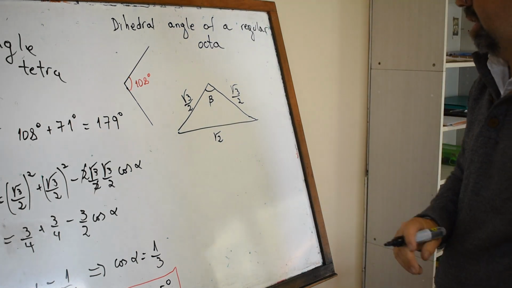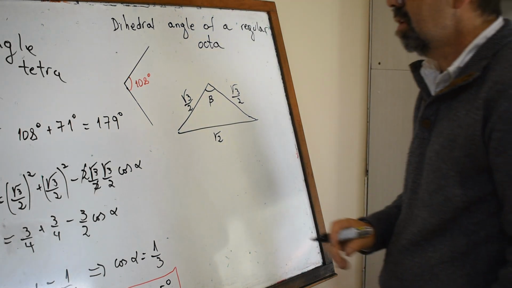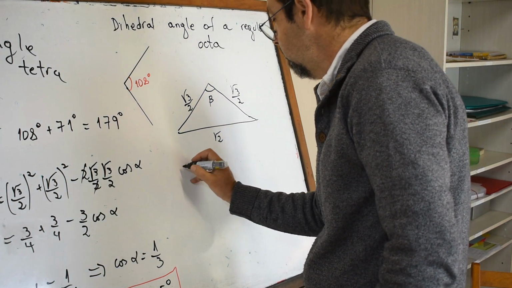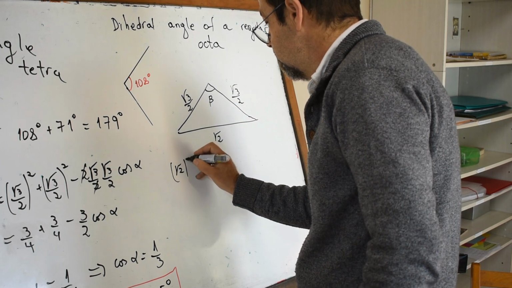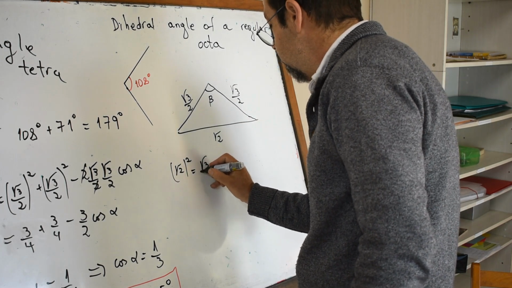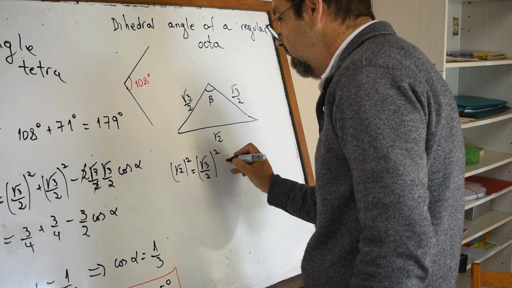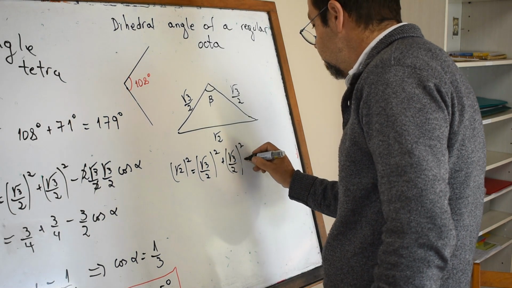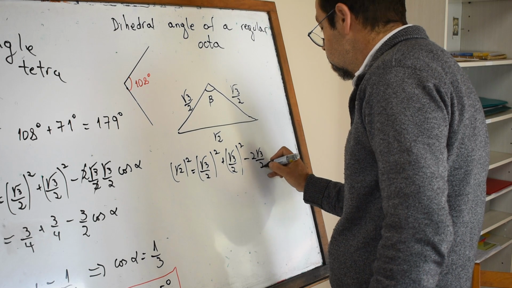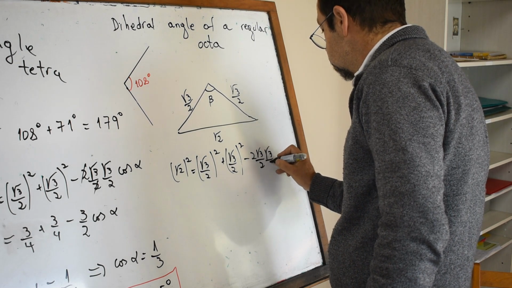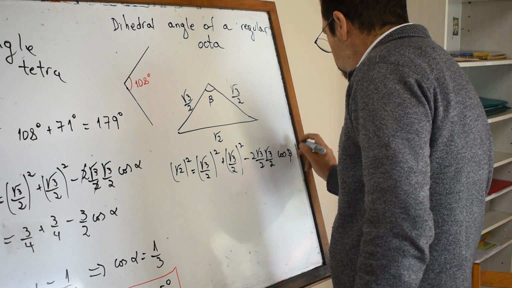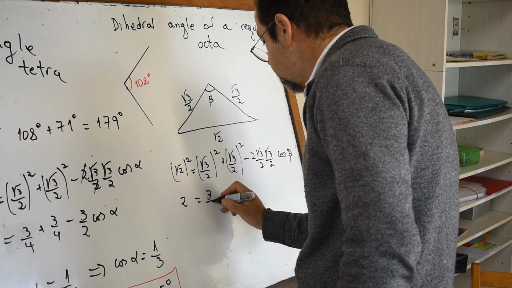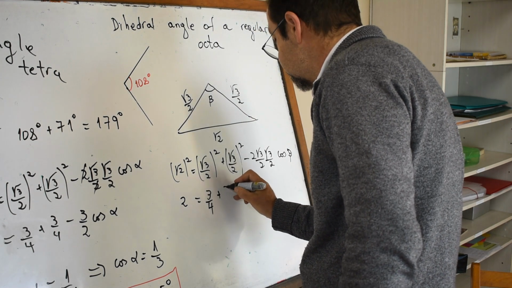And similarly, we apply the cosine theorem: square root of 2 squared. Well, let's write it. There are many operations that have been done already here that are the same, coincidentally. Minus 2 square root of 3 divided by 2, square root of 3 divided by 2, cosine of beta. This is 2. This is 3/4, 3/4, exactly the same.